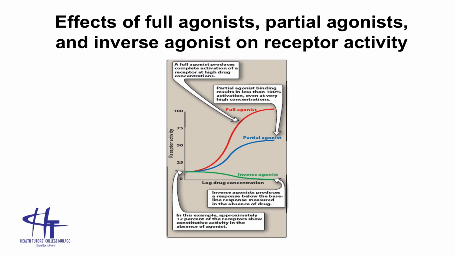A full agonist elicits a maximum response, a partial agonist elicits a partial response, and an inverse agonist gives a sub-minimal response. They are not usually common, but the term is there as you can see in the diagram.